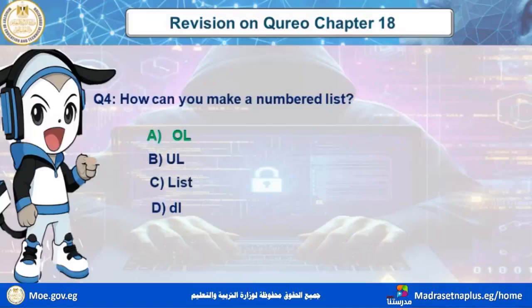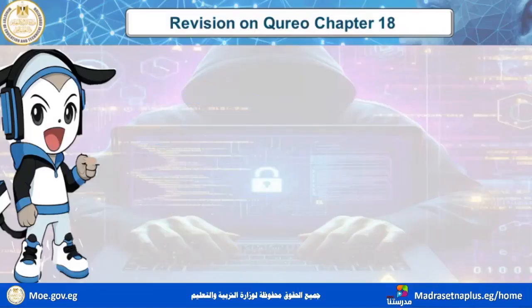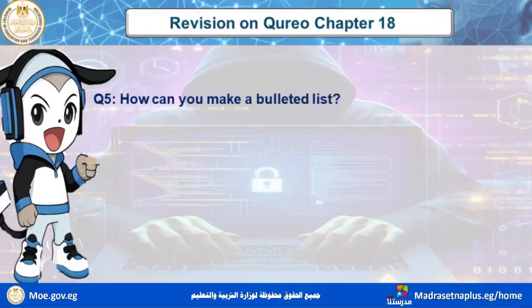Now, question number 5. How can you make a bulleted list? A bulleted list doesn't use numbers at all. So it is an ordered list or an unordered list.